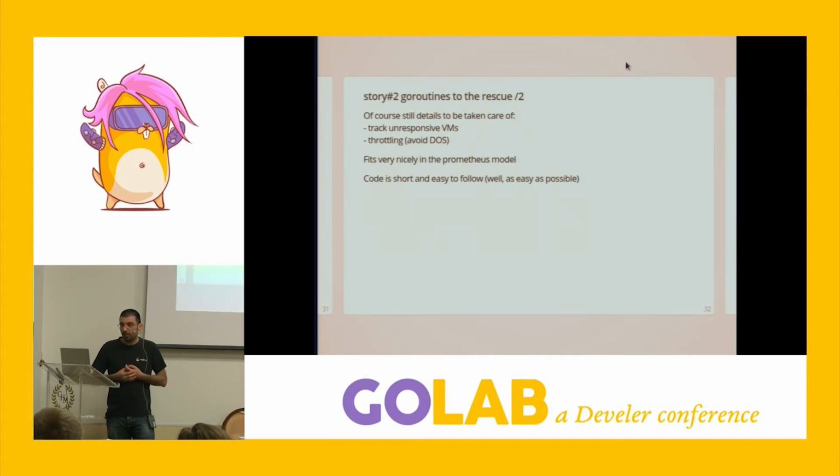Is it really that good? No, because you still have to do some bookkeeping. For example, track unresponsive VMs, meaning if a monitoring Go routine doesn't respond quickly enough, you have to track it and be aware of that, because you don't want to throw Go routines at a task that is impossible for the moment, just to waste them. And you need, for example, to do some throttling. But why throttling? Because we need to conform to the Prometheus model.